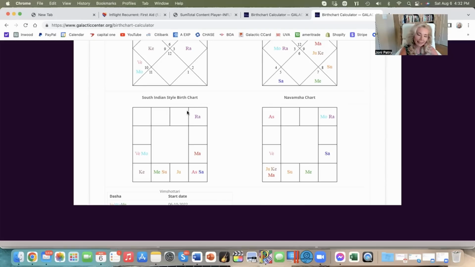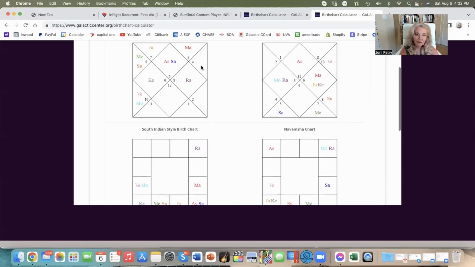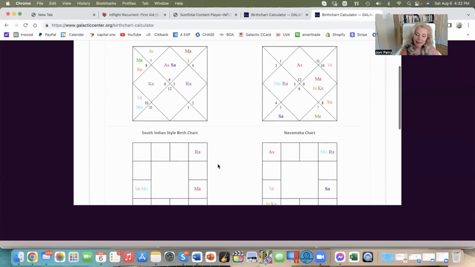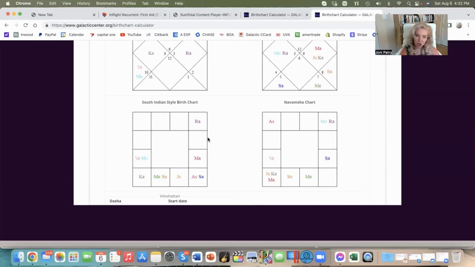So this right-hand top corner is always Gemini. Remember this, the houses are fixed in the North Indian style chart, but the signs change. But in the South Indian style chart, the signs are fixed. In other words, they don't change, but the houses change.